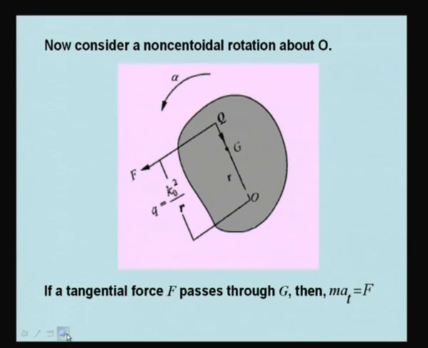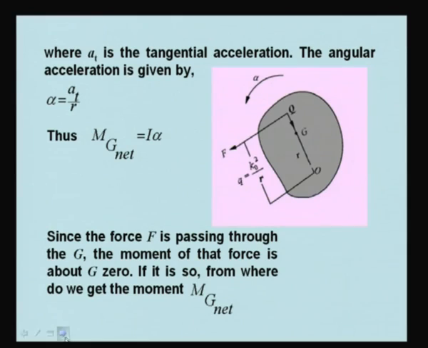Now consider a non-centroidal rotation about O, like in this case. Now if the tangential force is passing through G, then mass times At will be equal to F. Here At is the tangential acceleration, and the angular acceleration is given by alpha equal to At divided by r.